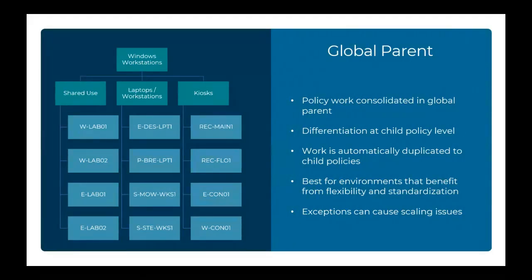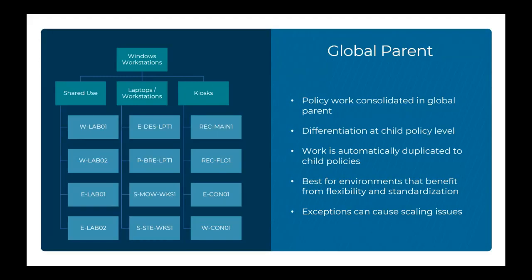This is best for environments that benefit from flexibility and standardization, which can drive most of our partners to using a structure like this. This is a really common structure, especially among our mature partners, that they use to get the benefits of our policies at a really, really high level.